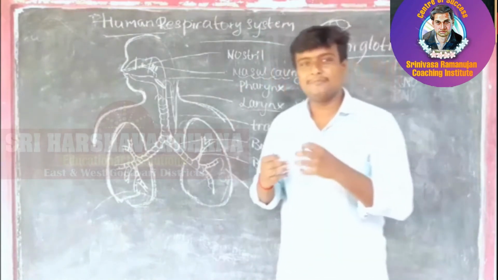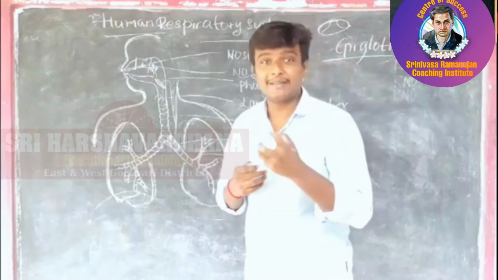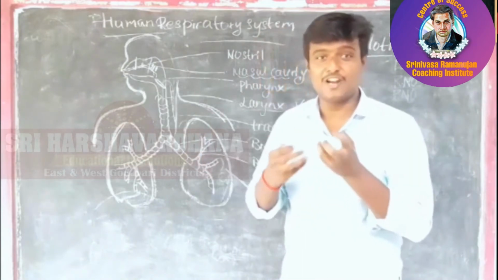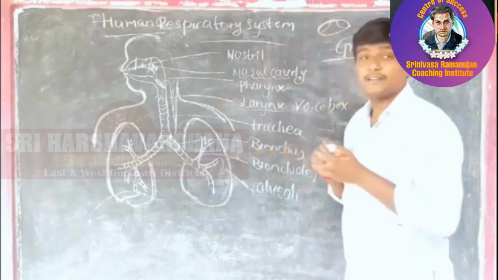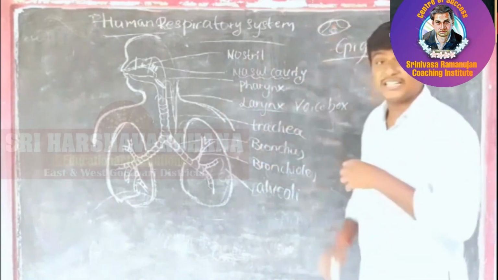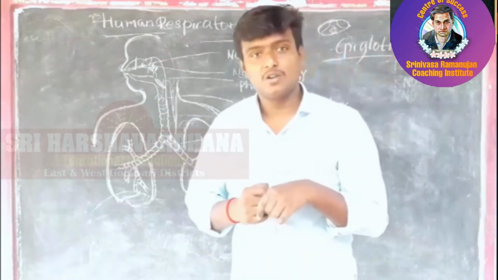For example, when some people are talking continuously, others say that your vocal cords will be reduced, don't talk like that. They say vocal cords are very important in pronunciation. In the middle we can see some empty space, and that we call the glottis.